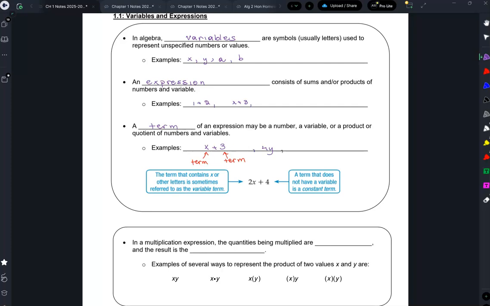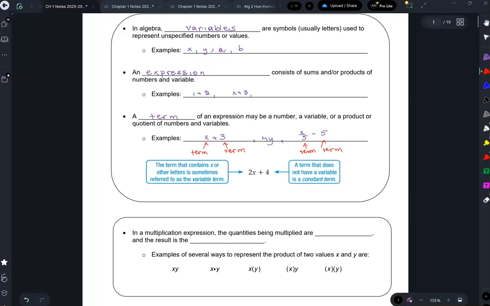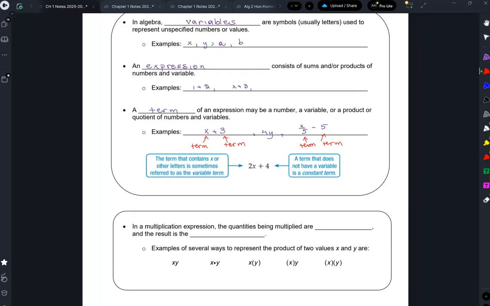If I have x over 5 minus 5, what's one of the terms? Here, x over 5 is a term. 5 is another term. So two terms. In this case, 2x is a term, 4 is another term. Now, there is a difference between those two terms.